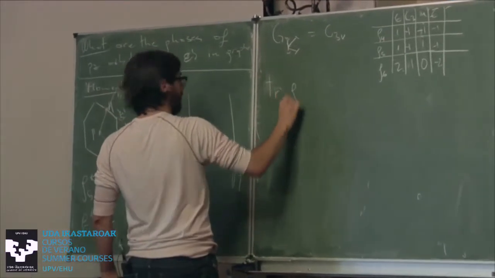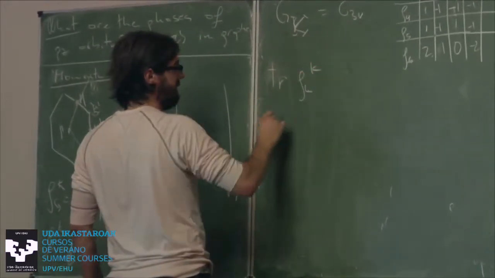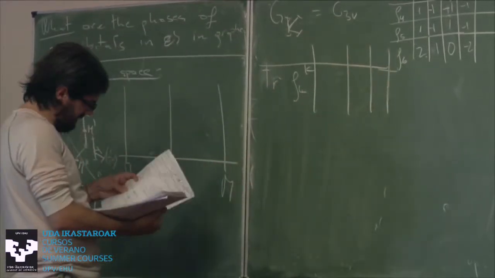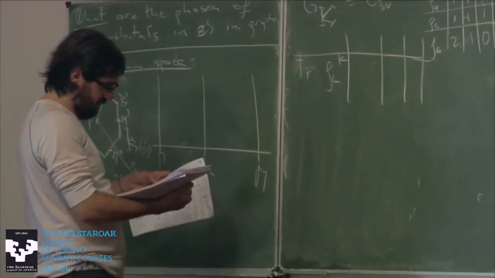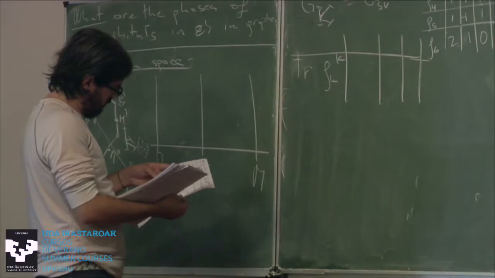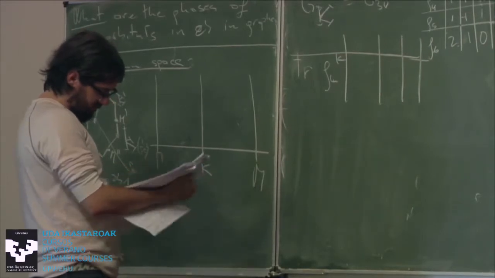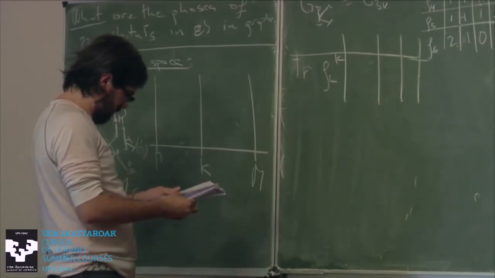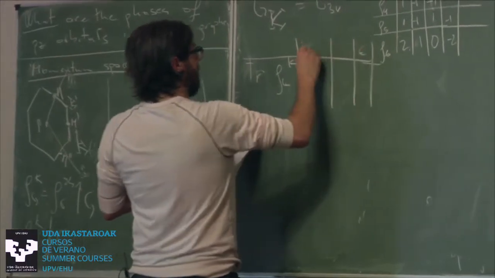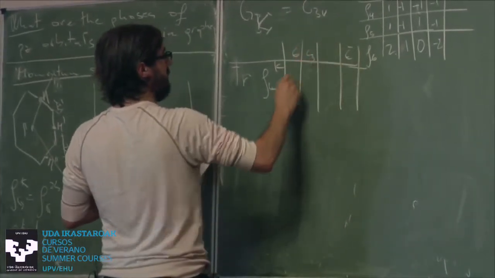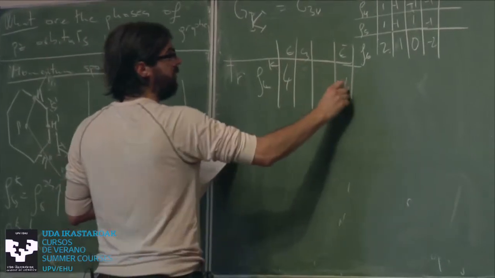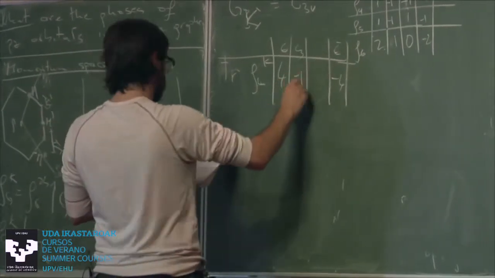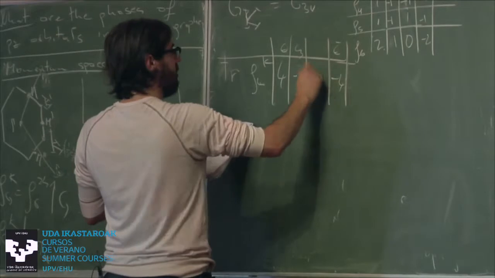Trace of rho G K. You're going to find out that the traces are E bar, C3: 4 for E, minus 4. You are going to find this is minus 1, and this is 0.